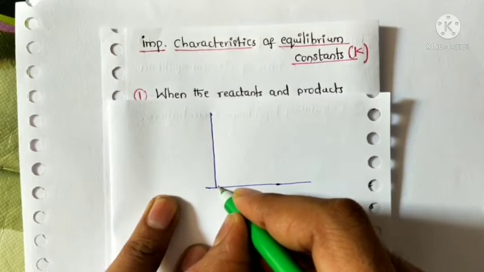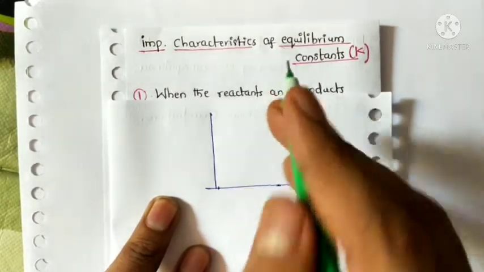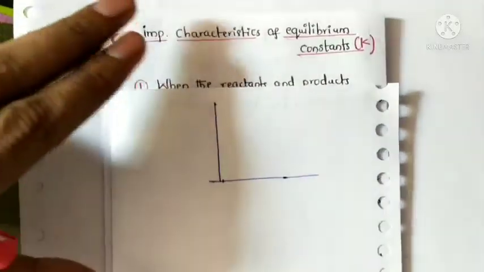At that situation, the chemical reaction attains chemical equilibrium. At that time, we can write the equilibrium constant expression. Okay, that is the meaning of the first characteristic.